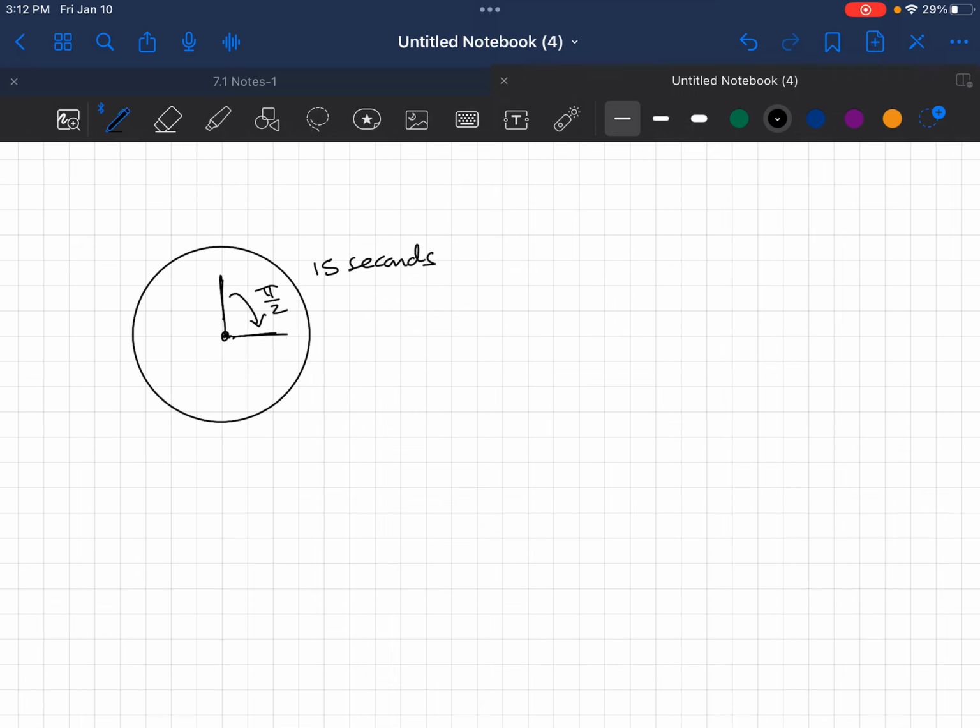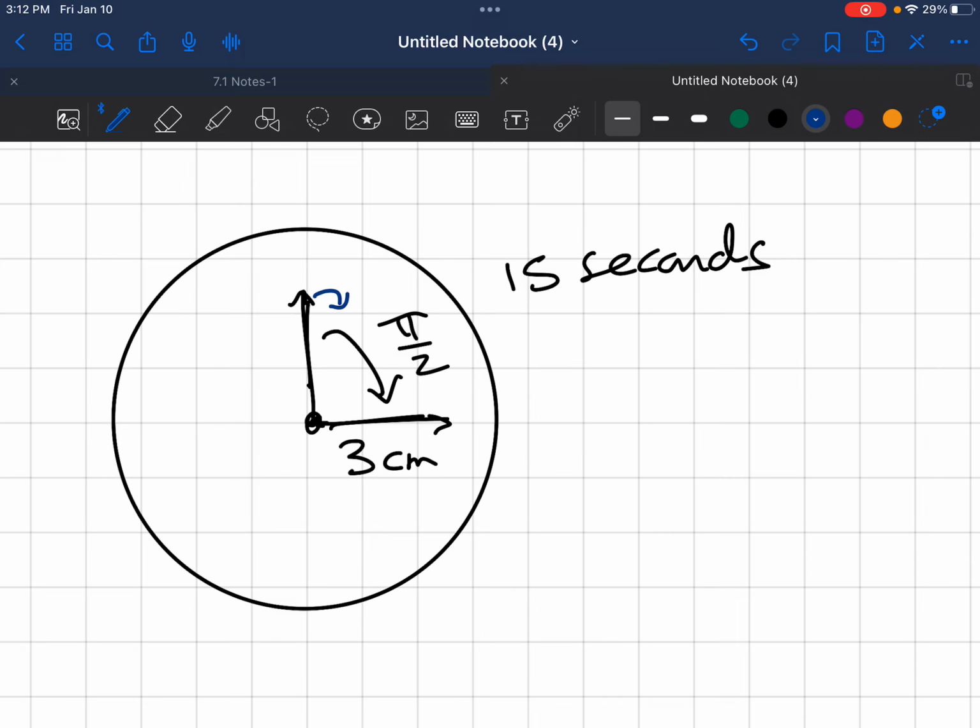And if that second hand is 3 centimeters long, then in theory, we can start to visualize that as it was occurring, as that tip of the second hand was rotating around here. If you were an ant, maybe riding on the tip of the second hand, you could imagine yourself moving through space, right? 1 second, 2 seconds, 3 seconds. You're moving through space over time.